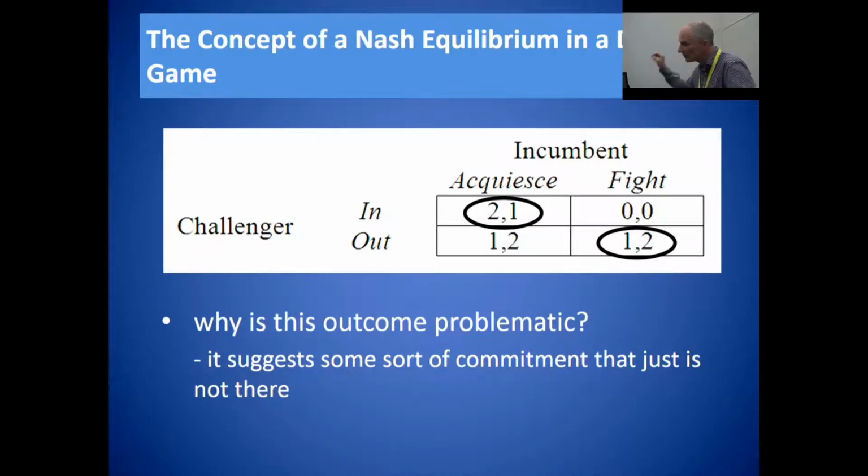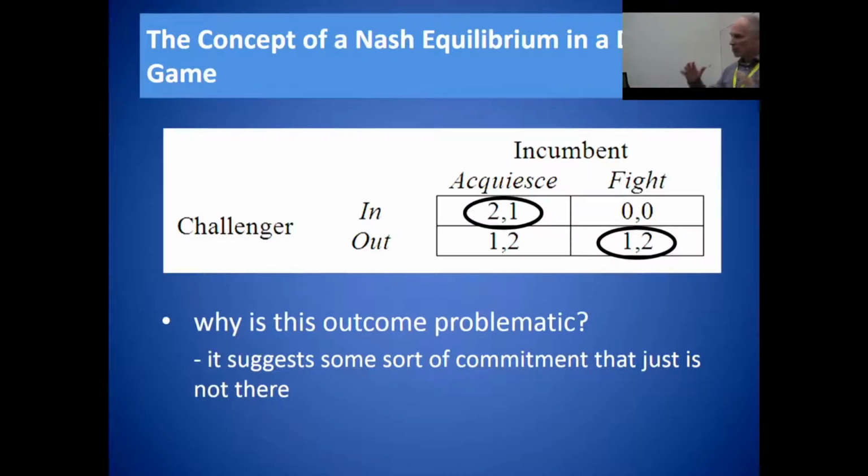That's what makes it a Nash equilibrium. So if we said to the challenger, if you knew the incumbent was going to fight, would you wish to do anything different? Would you have an incentive to deviate? You're currently choosing out. Would you wish to change to in? Would you wish to go from 2 to 0? The answer's no. So that's what makes it a Nash equilibrium.